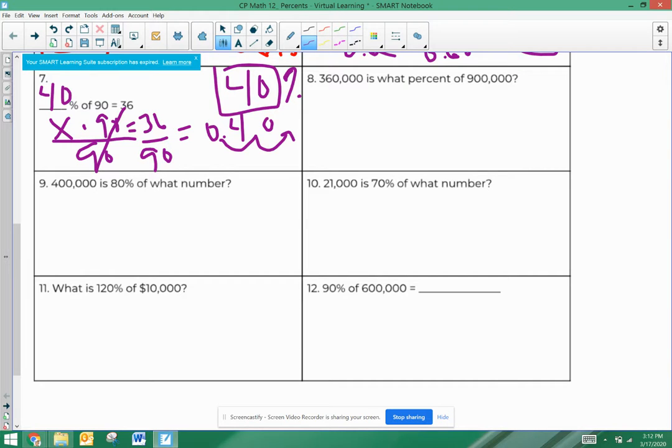Okay, let's set it up as an equation. 360,000, that's what that says, is what percent, X, I don't know, of 900,000.